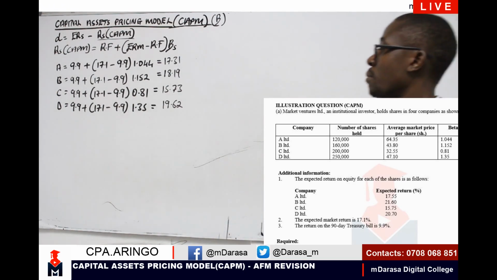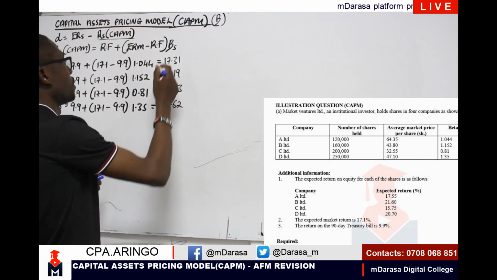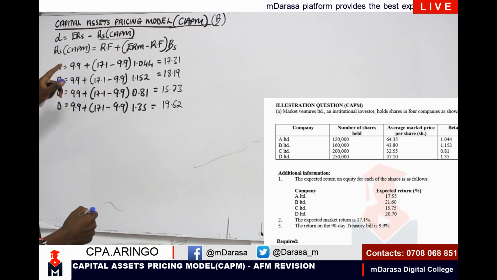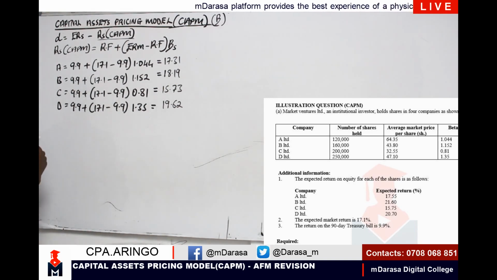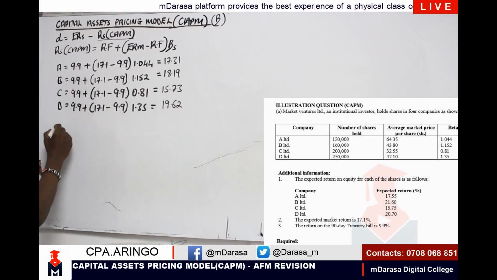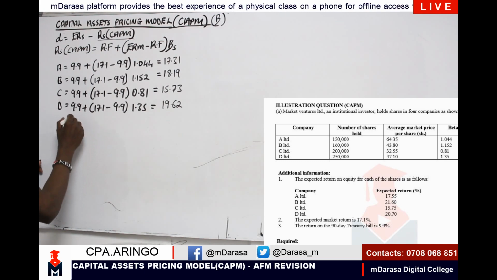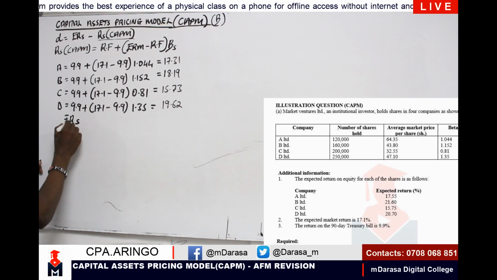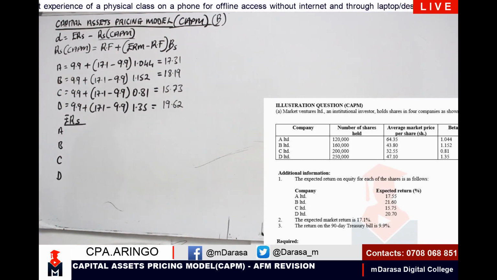So once we have this, basically our CAPM values or returns of our securities here under CAPM, then I know very well we should be able to determine our alpha values, right? So our alpha values here, I'm having A, B, C, and D. Our expected return of these securities according to our question, my good students, what was I given?